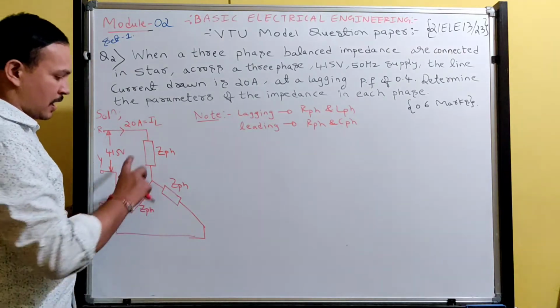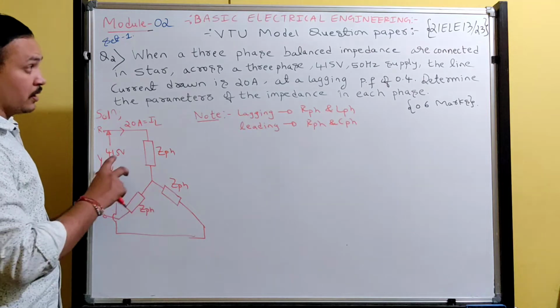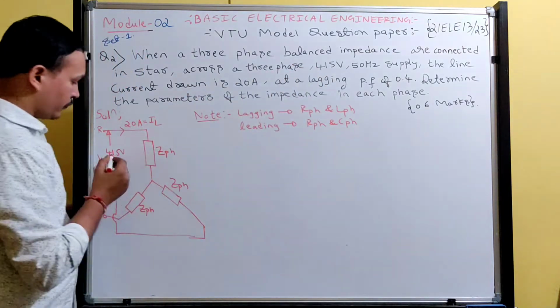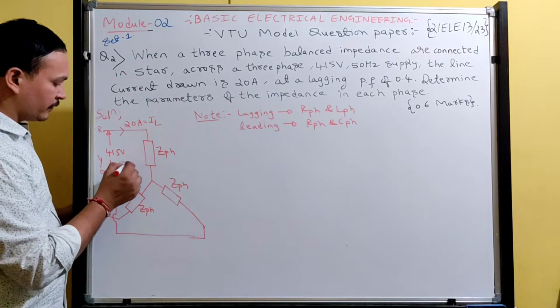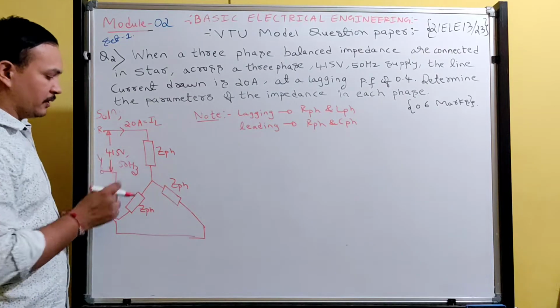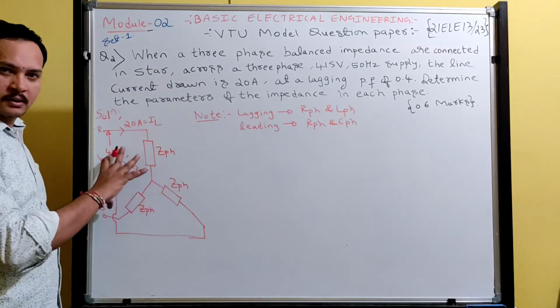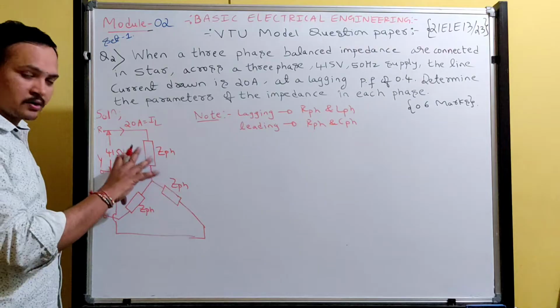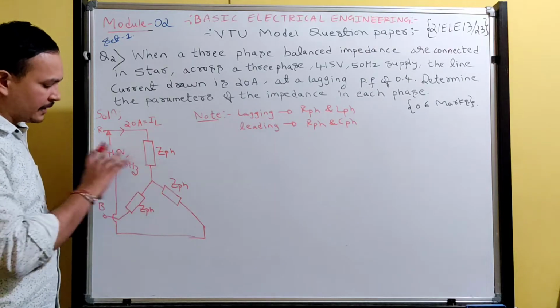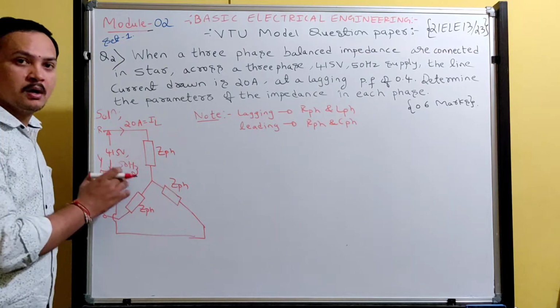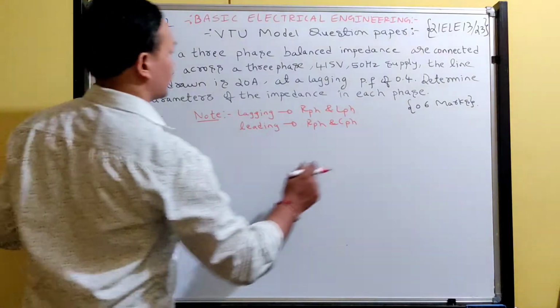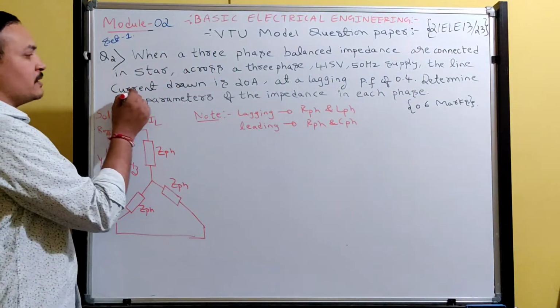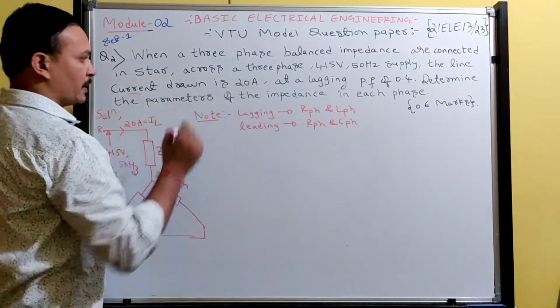All are connected in star across a three-phase 415 volt 50 hertz supply, and the line current drawn is 20 ampere.